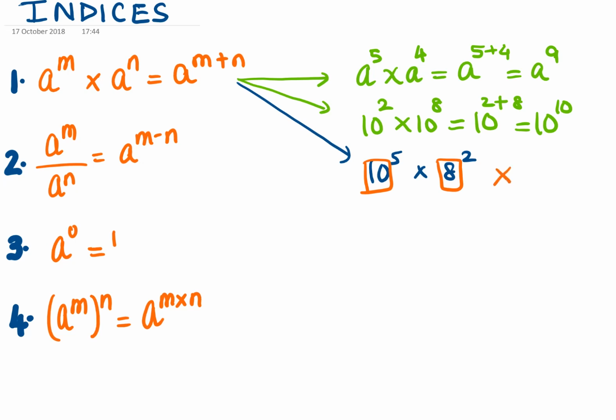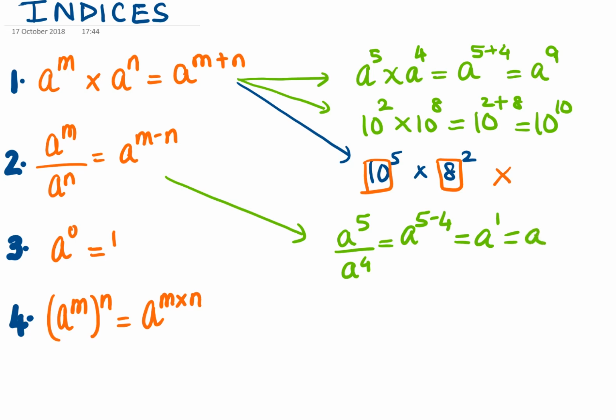Right? Now, moving ahead to the next law, that is a raised to m upon a raised to n. So if I have a raised to 5 upon a raised to 4, that becomes a raised to 5 minus 4, that is equal to a raised to 1, and that's equal to a.